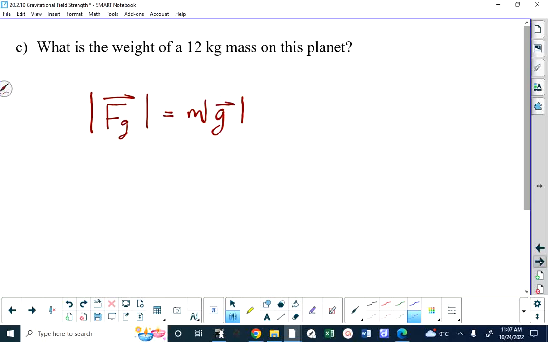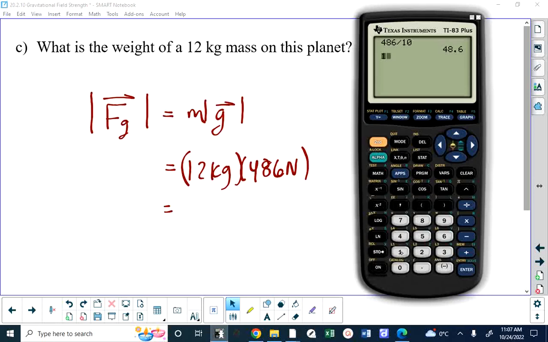Well, that would be 12 kilograms times 486 newtons per kilogram. And again, if this were an exam question, we might want to be carrying more decimals, but I'm not interested in that. 5,832 newtons.